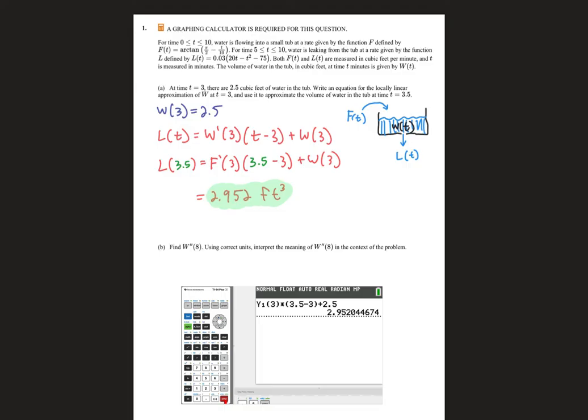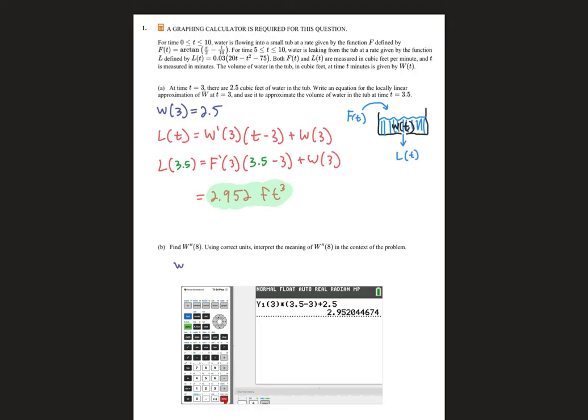Okay, so notice they already gave us f and l as rate functions. So if you take the rate that water's going in and subtract the rate that water's coming out, that's the net rate that the volume of water is changing. So let's write that first.